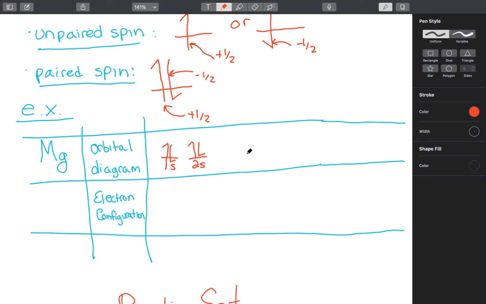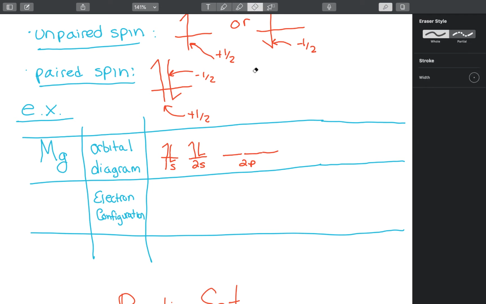Then we move to the 2p subshell. Let's separate this a little better so we can see the different orbitals. So here's the 2p subshell. How would we go about filling it? According to Hund's rule, we have to maximize the number of unpaired electrons.